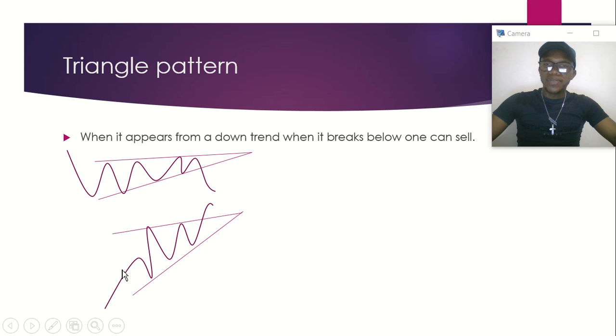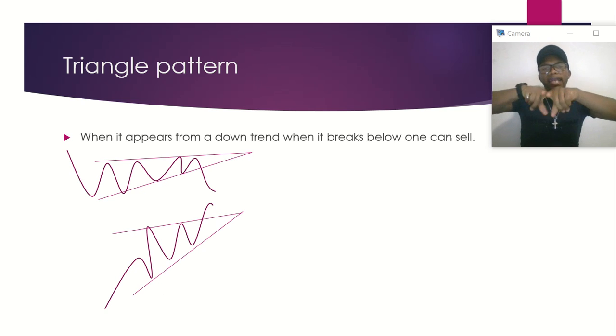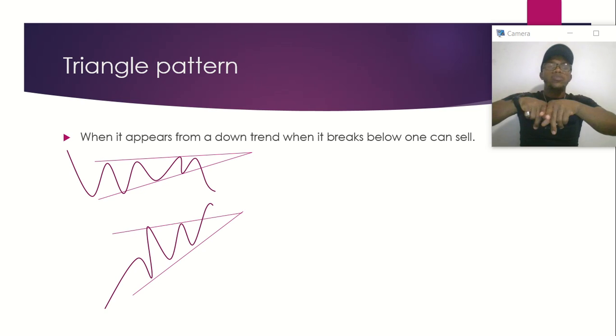When it appears from an uptrend and breaks, you sell. When it appears from a downtrend and it breaks, you buy. That's a triangle pattern.